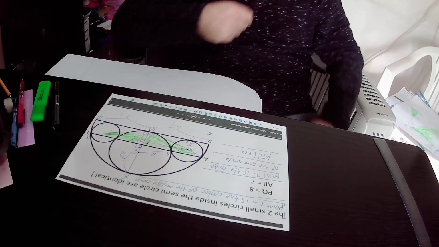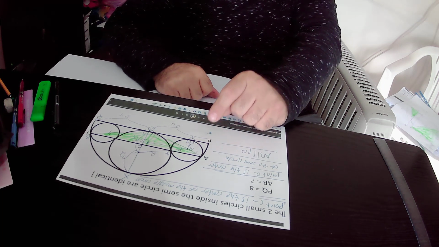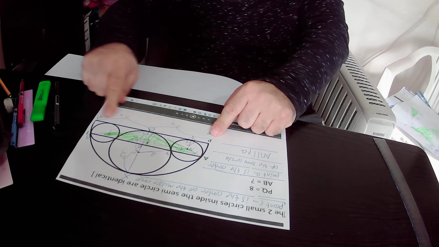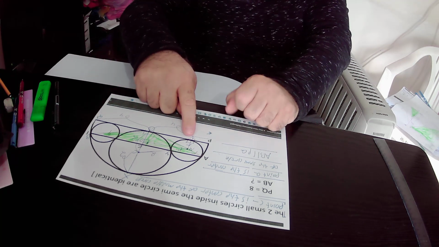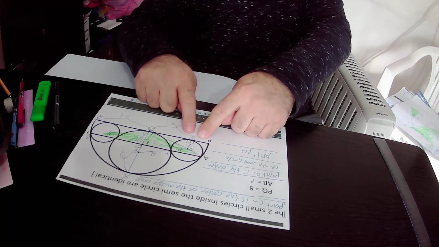Then from point N, we defined the touching point between tangent PQ and this small circle as point N. Then we join points M and N by a straight line.